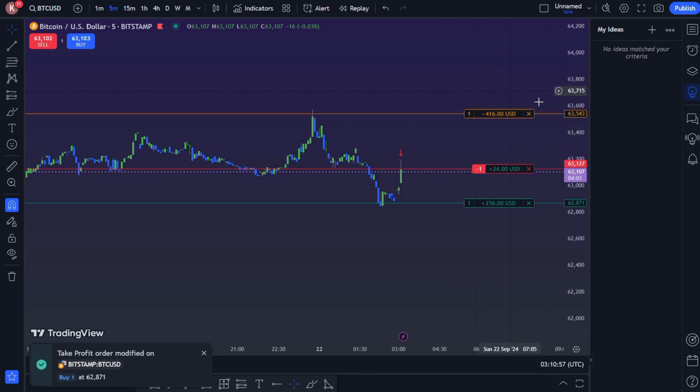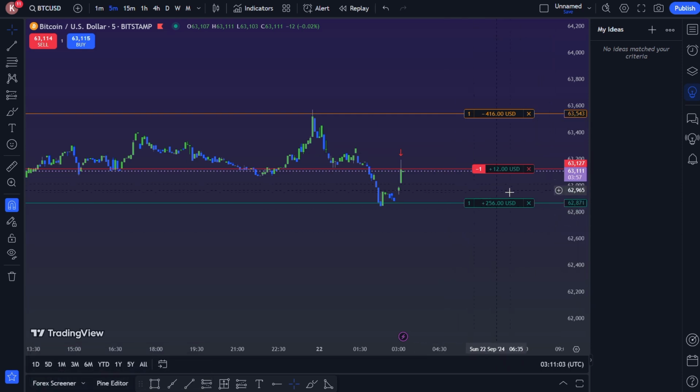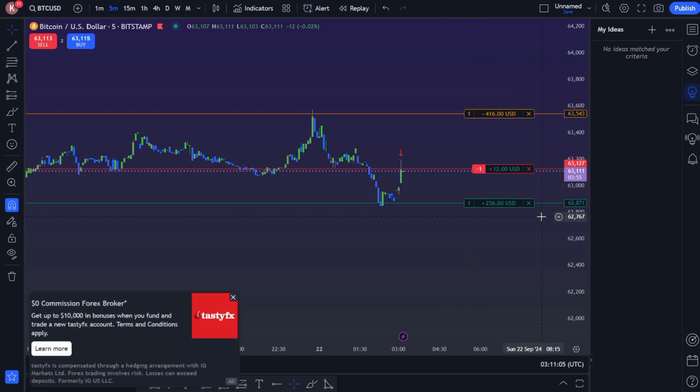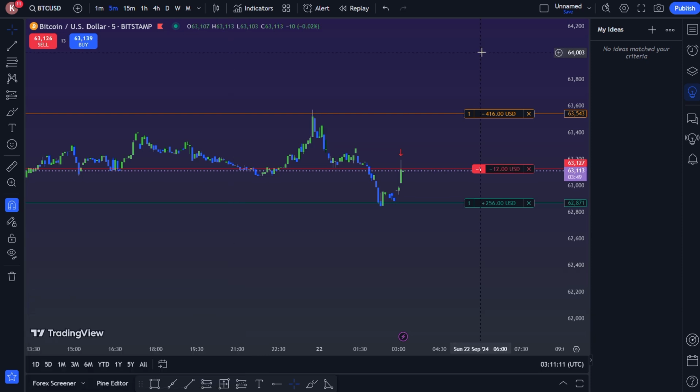The moment it hits this, I'm out of the trade and I lose money. The moment it hits this, I'm out of the trade and I win money. The moment it hits this, I lose money. The moment it hits this, I win money. Take profit, stop loss. Understand?